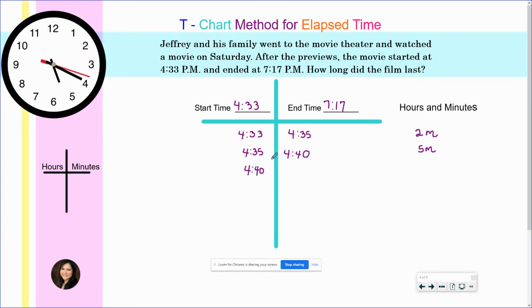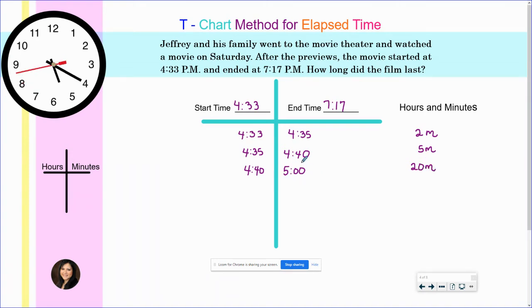And I want to jump to the nearest hour. It's easier for me because I know 4:40 to 5 o'clock, that's 20 minutes. I'm going to record the time here, 20 minutes.